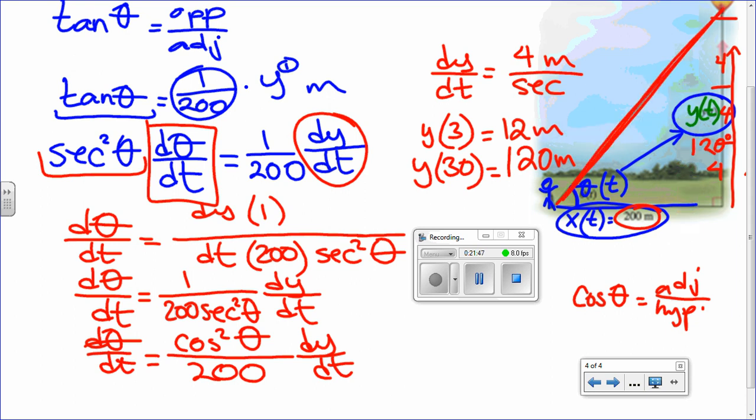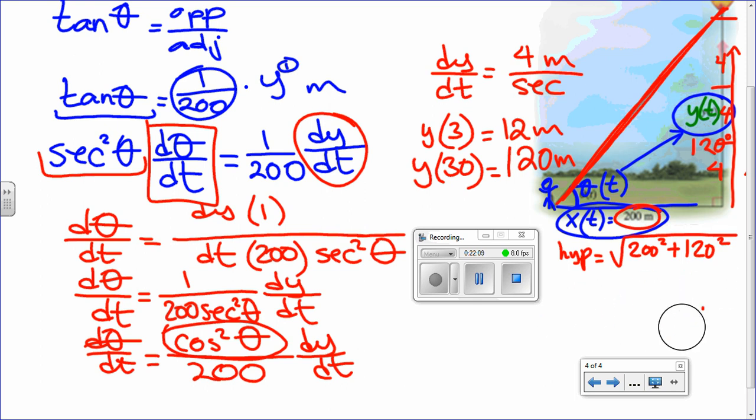Why do we need the hypotenuse again? Because we're talking about cosine right here. And so the hypotenuse, of course, will be pretty simple. That's going to be given by the square root of 200 squared plus 120 squared.